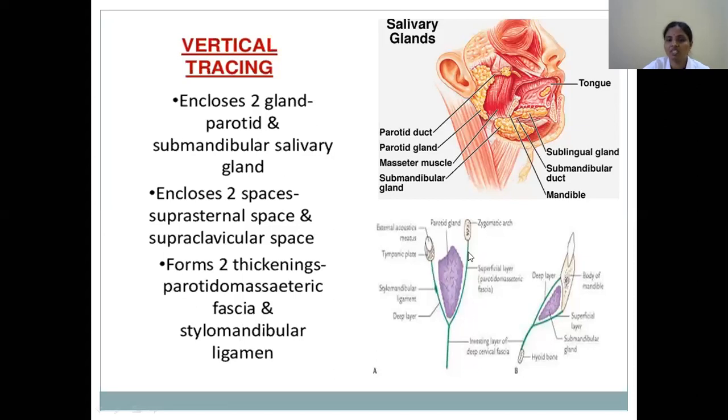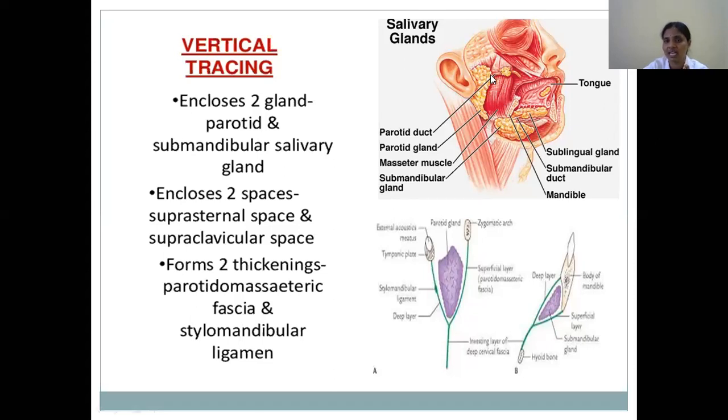This superficial fascia, as it crosses the parotid gland, forms the parotid fascia, and this fascia extends further forwards onto the muscle. Here you can identify the masseter muscle. From the parotid to the masseter, what is that fascia called? Parotidomasseteric fascia.